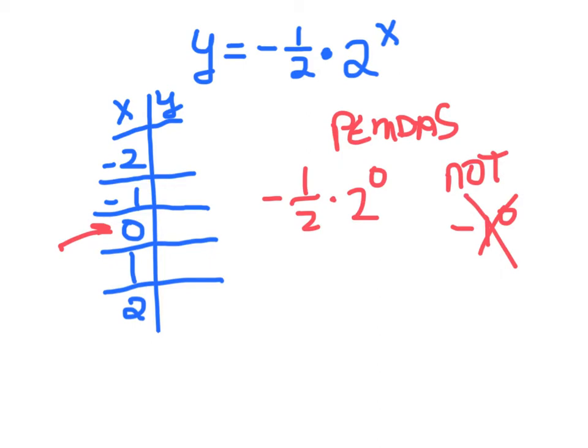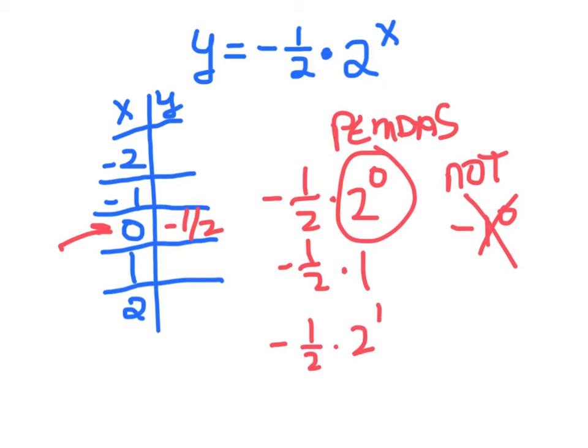Instead, we have to do the exponent first, so 2 to the 0 is 1, then that's times -1/2, which is -1/2. If we plug in 1, we would have -1/2 times 2 to the 1, so doing the exponent first, times -1/2 is -1.